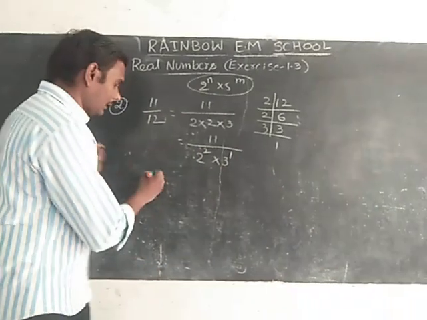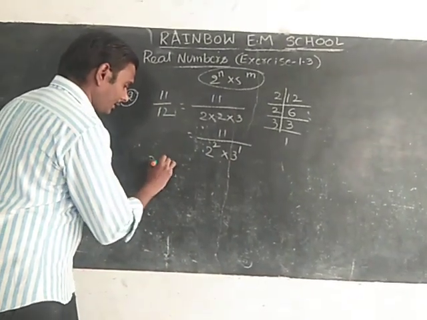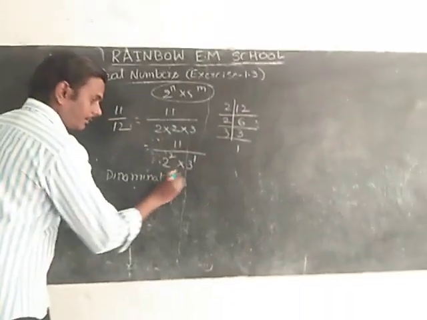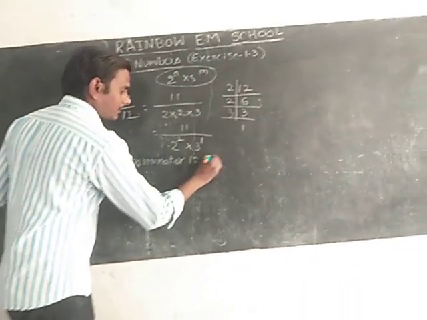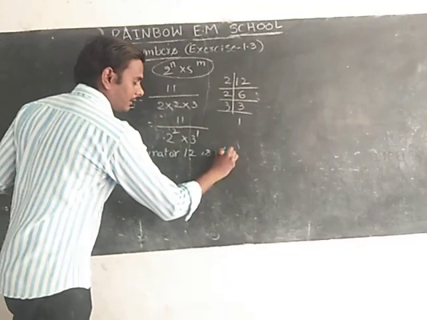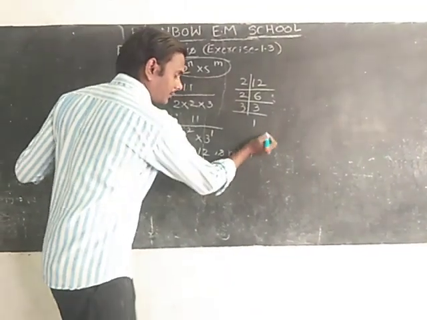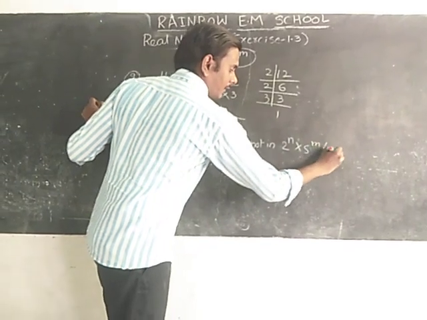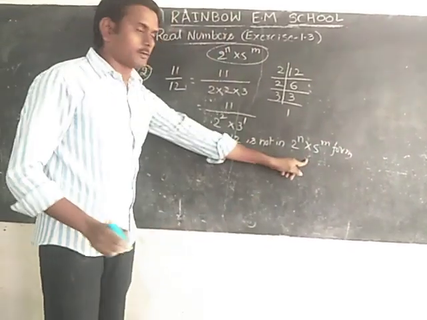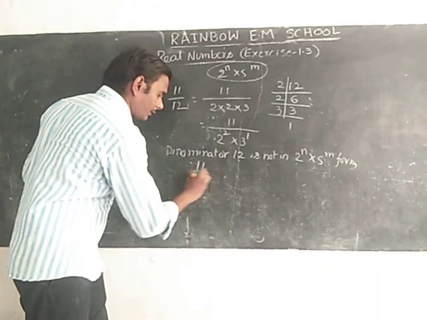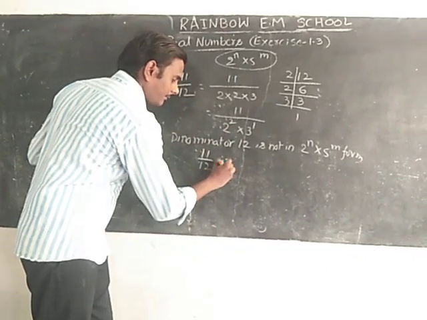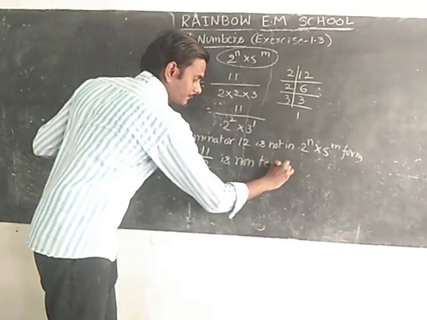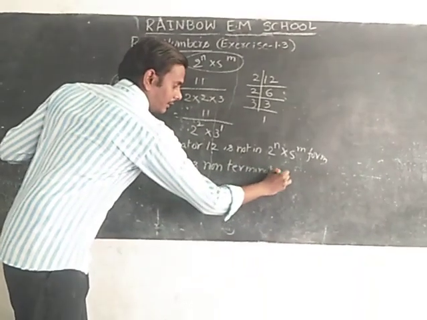No. The denominator 12 is not in 2 power n, 5 power n form. Whenever it is not in this form, 11 by 12 is a non-terminating decimal.